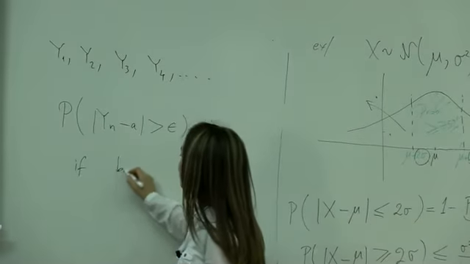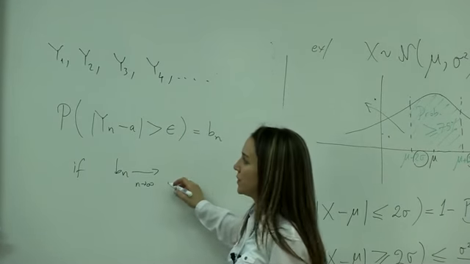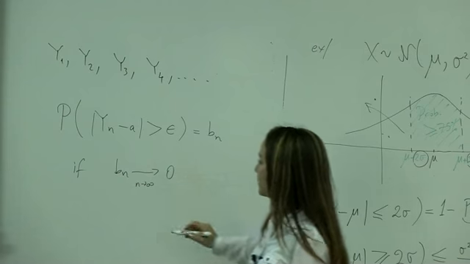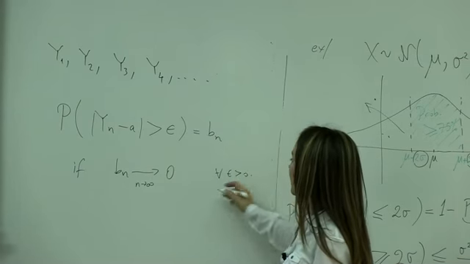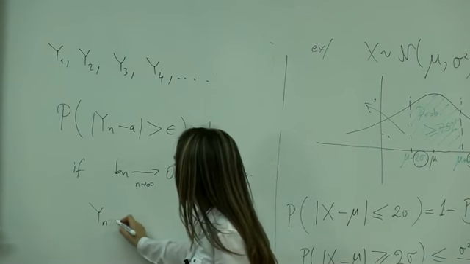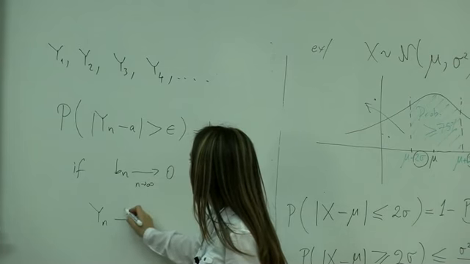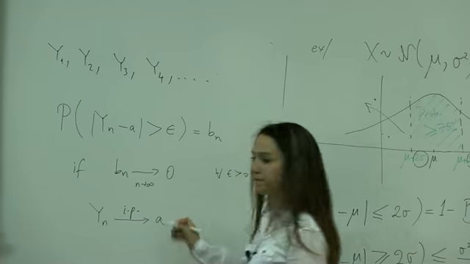If bn, as n goes to infinity, converges to 0 for every epsilon, no matter what epsilon is, then I say that Yn converges in probability to a.